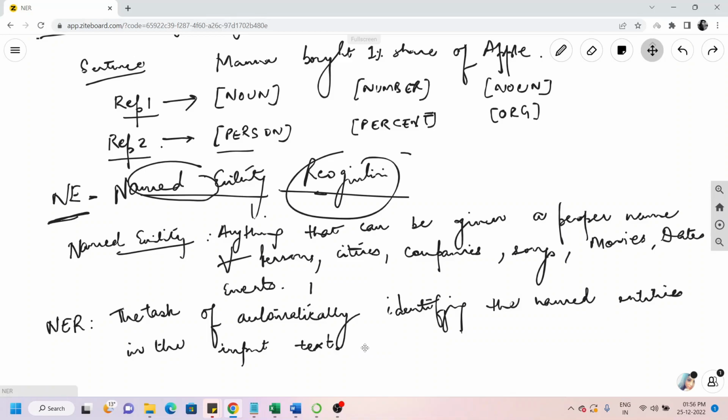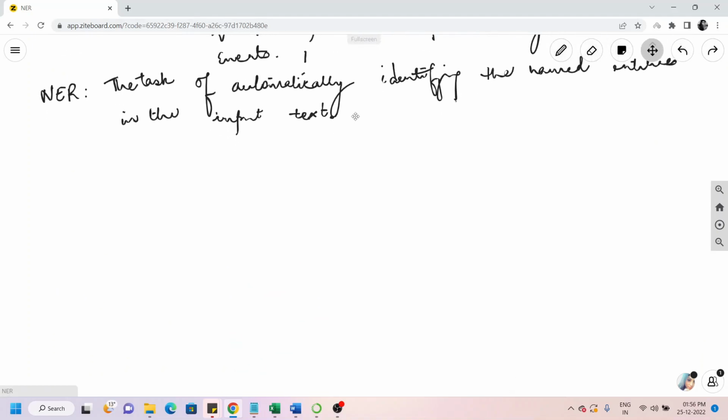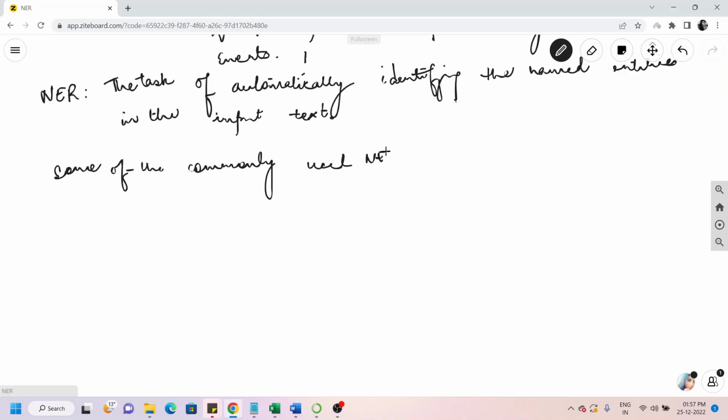So I would be listing some commonly used entities here.